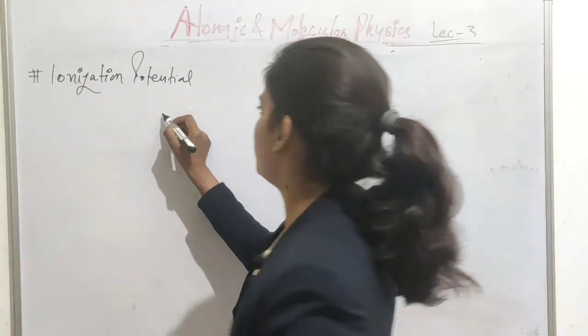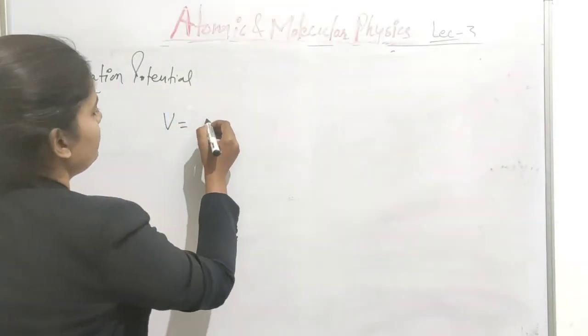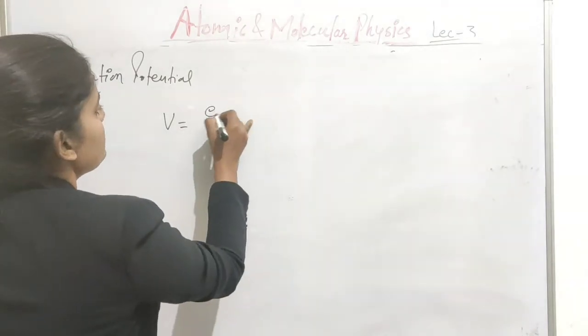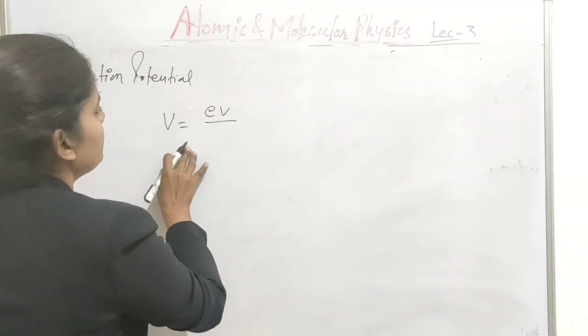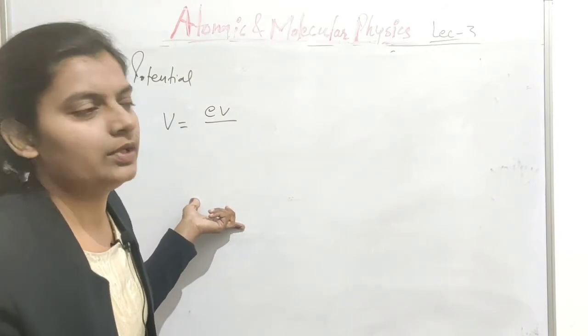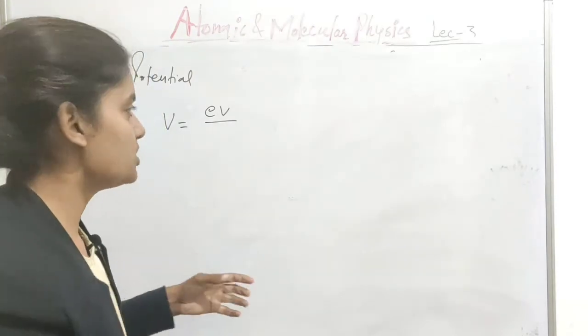And as it is potential V, it will be in units of volt. Energy is in units of electron volt, and potential is the amount of work done, the amount of energy per unit charge in bringing a unit positive charge.